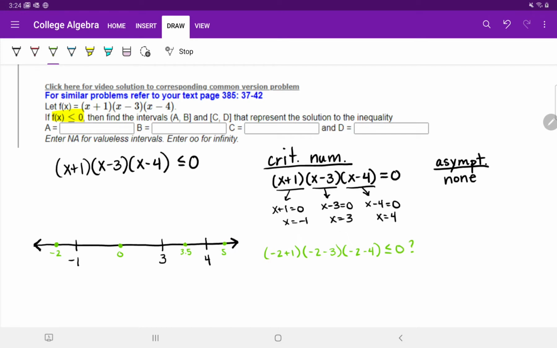Your calculator is your best friend here. Let's see, we get -1 times -5 times -8, which is -40, less than or equal to 0? That is true. -40 is less than 0. So all of these points over here are a yes.